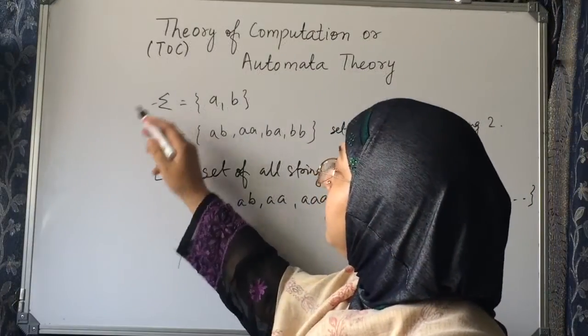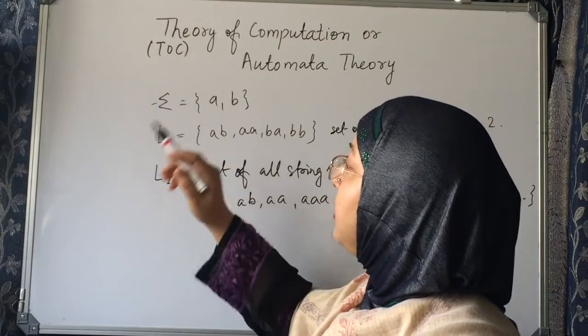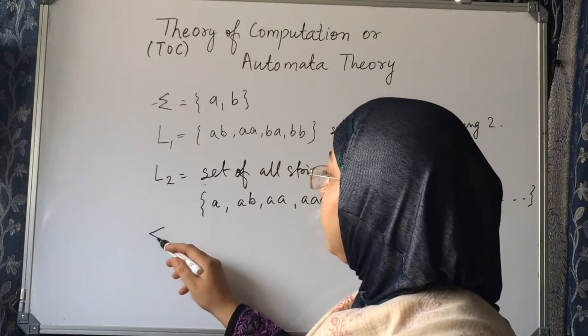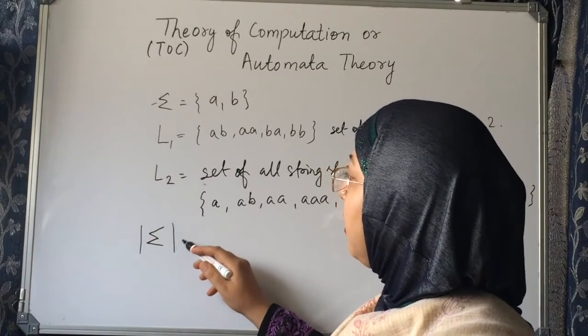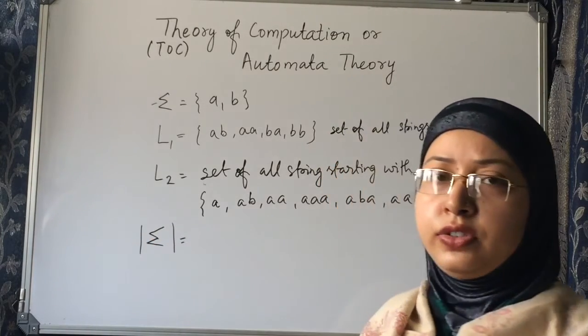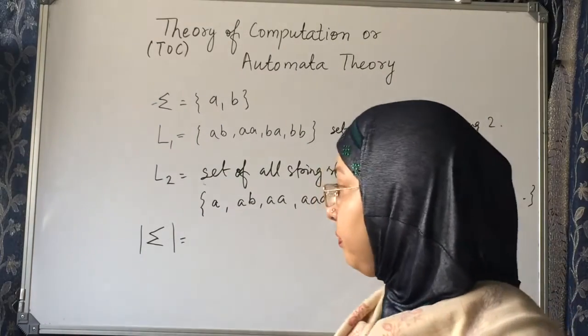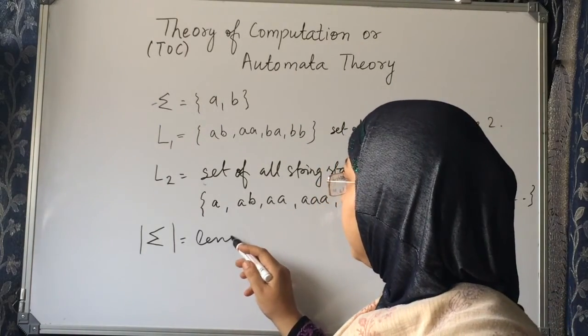The alphabet is denoted by sigma. Sigma with a power is written like this, and it tells you the length of strings.